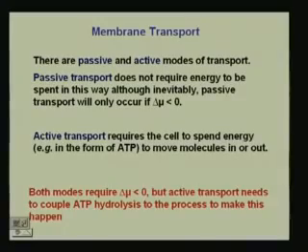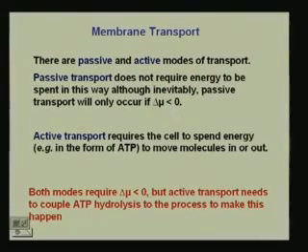In the case of passive transport, this extra energy is not required, so delta mu is less than 0. But for active transport, where one of the reactions is going to have a delta G that is positive, the energy released from ATP is going to more than compensate for that positive delta G and give you an overall delta G that is negative. The two reactions will be coupled to give you an overall negative delta G, so that the transport can occur.